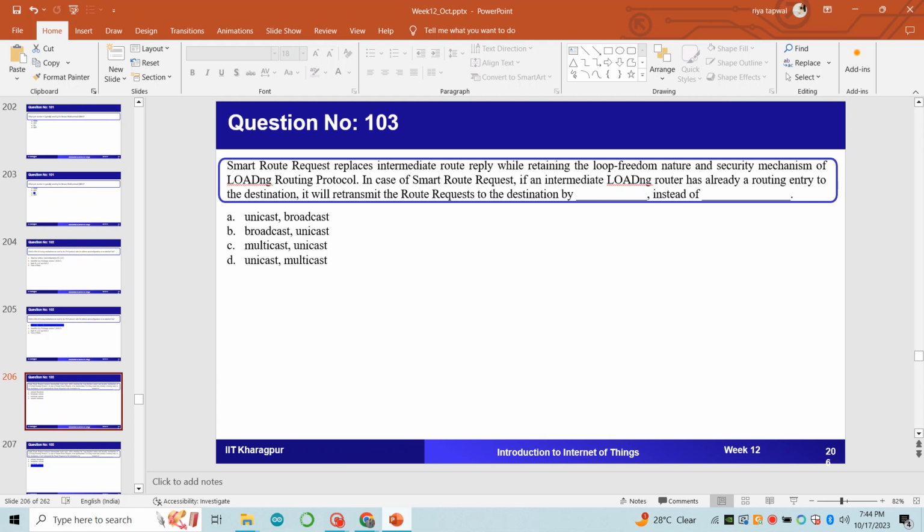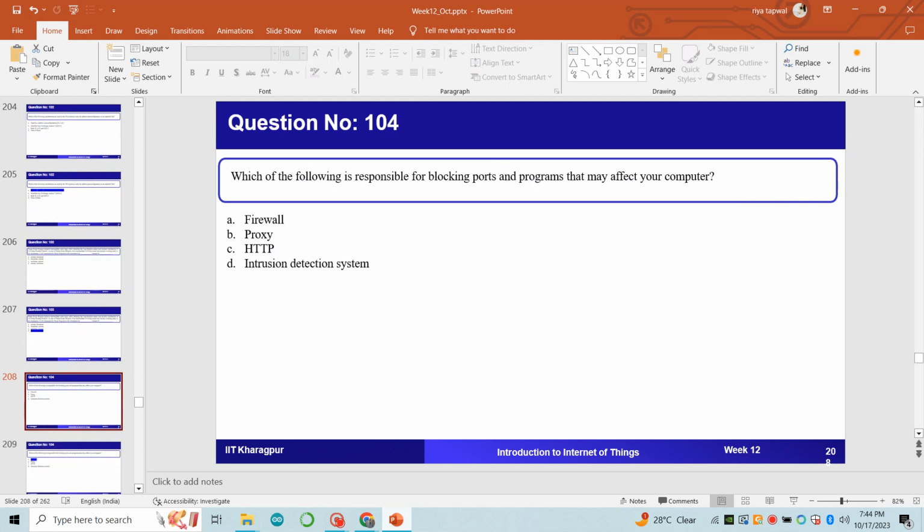Options are unicast, broadcast unicast, multicast unicast, unicast multicast. Anyone? No? Correct option for this is D, that is unicast and multicast.